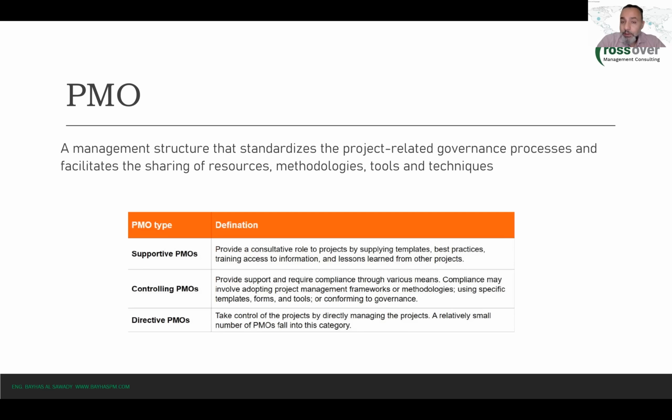So here the PMO is only supporting project managers with whatever they need, from knowledge, from lessons learned, from documents, from templates, and so on.